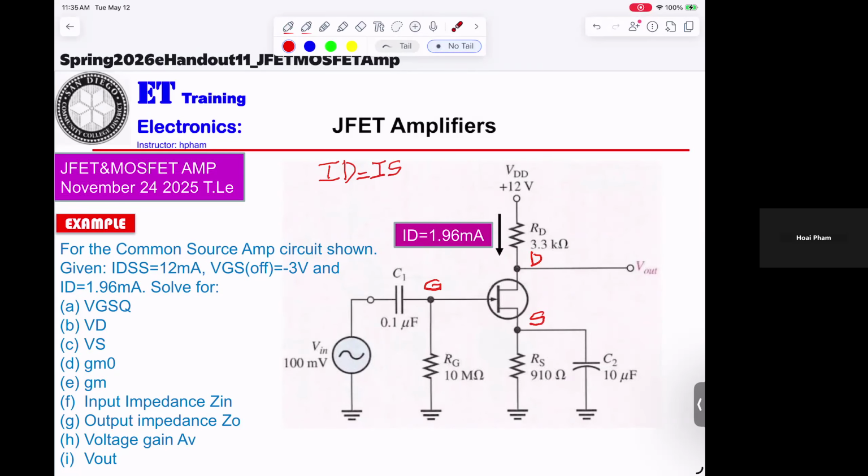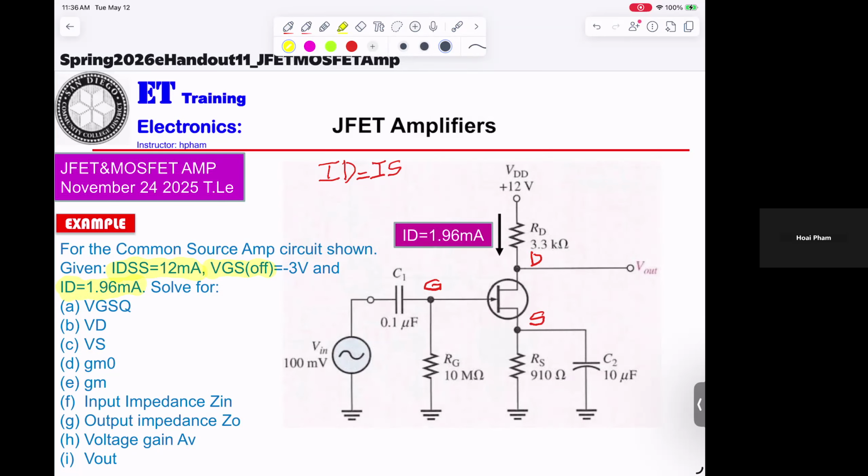So now, they say this is a common source amplifier. They give you IDSS equal 12 milliamp, VGS off equal minus 3 volts, and ID.